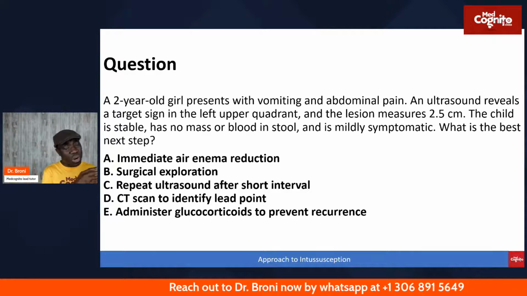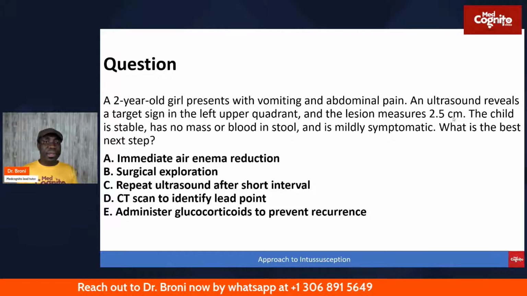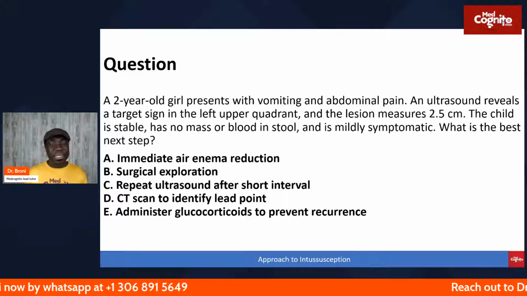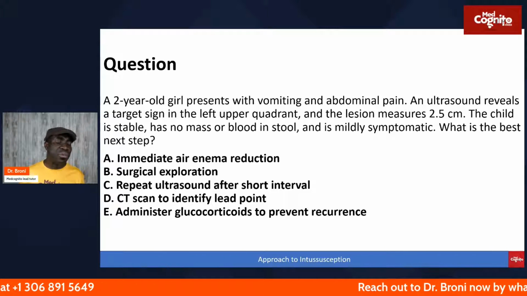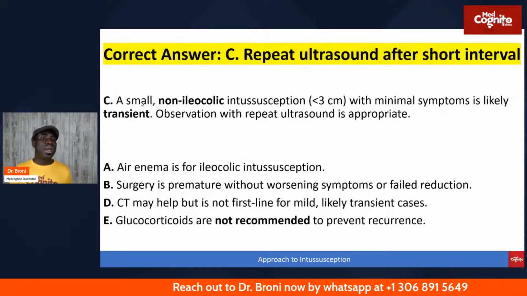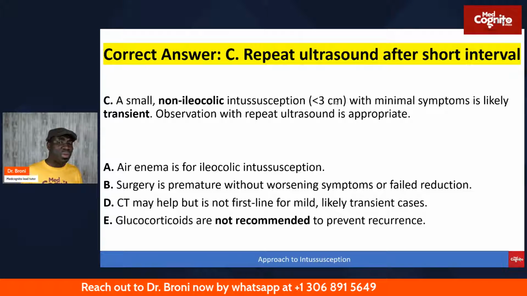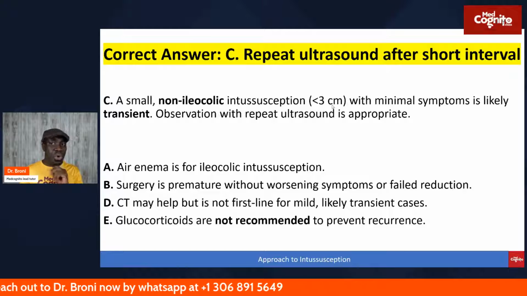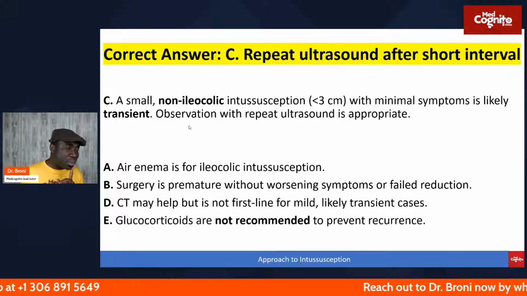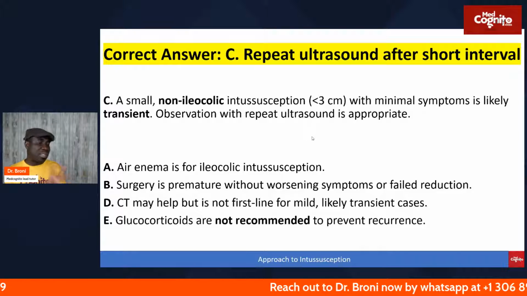It's a colocolic intussusception, right? Most of the time, the regular intussusception is ileocolic, and usually you find it in the right lower quadrant. This is found in the left upper quadrant. So a non-ileocolic intussusception, which is less than 3 centimeters, with minimal symptoms, is likely transient. Most of the time, observation with repeat ultrasound.